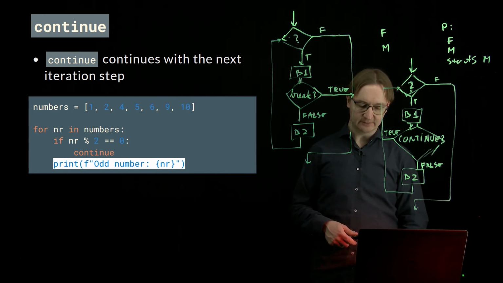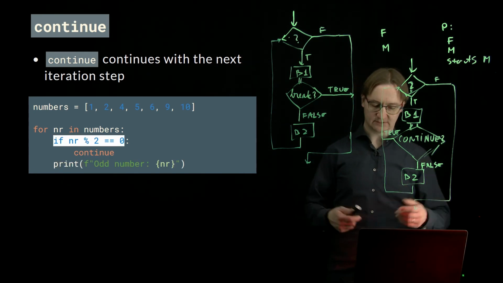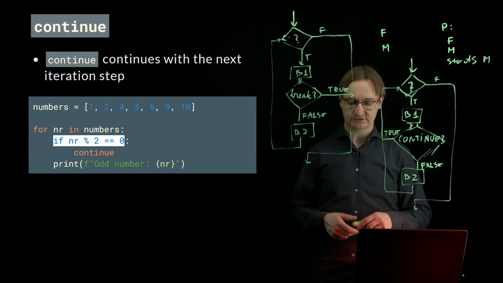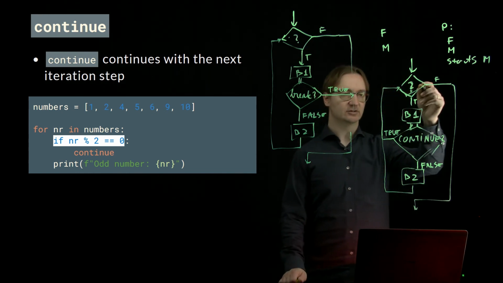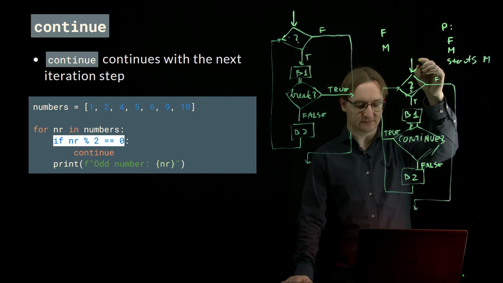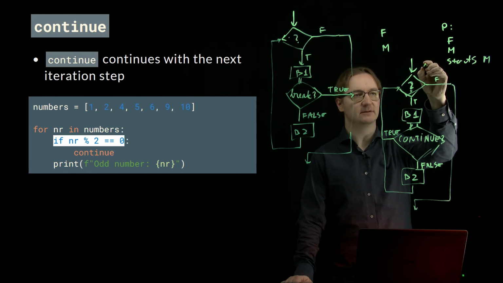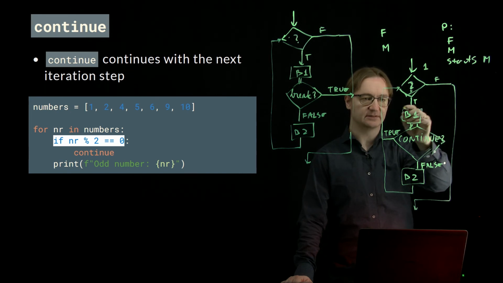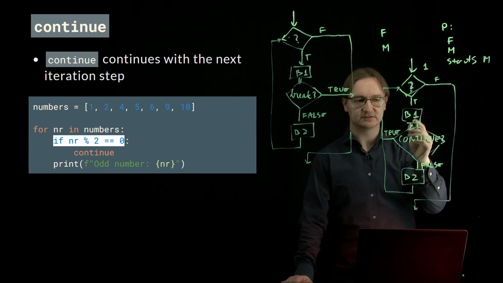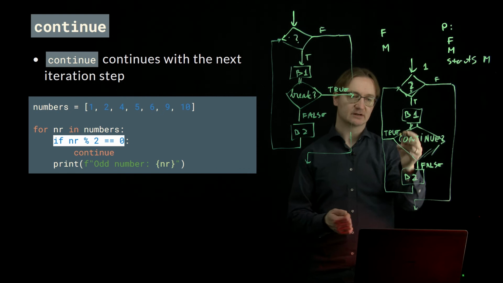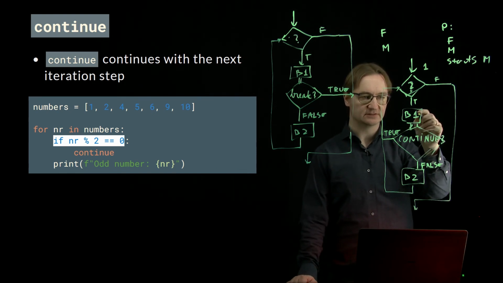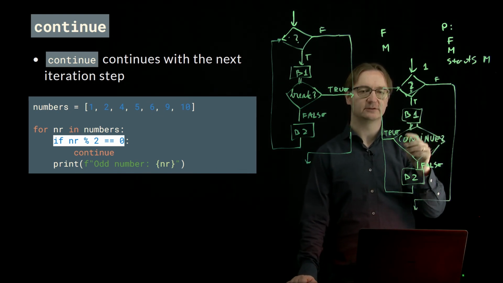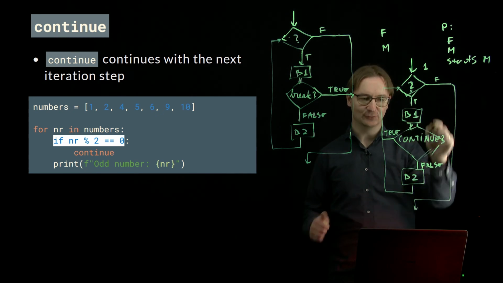So if I take 1, the check is false, so I can draw it here. So I have a list of numbers. First I come in with the element 1. So there is the first part of the loop.